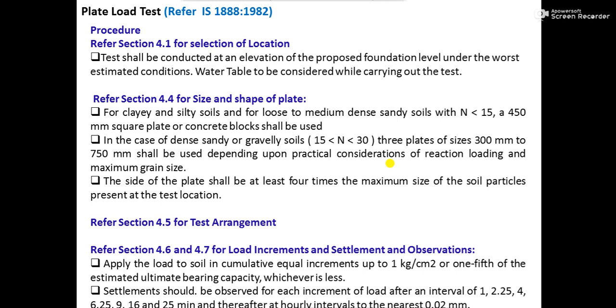Next is for clayey and silty soil and for loose to medium dense sandy soil with N less than 15. In this section, which size of plate you should use is defined. First understand how important SPT is.